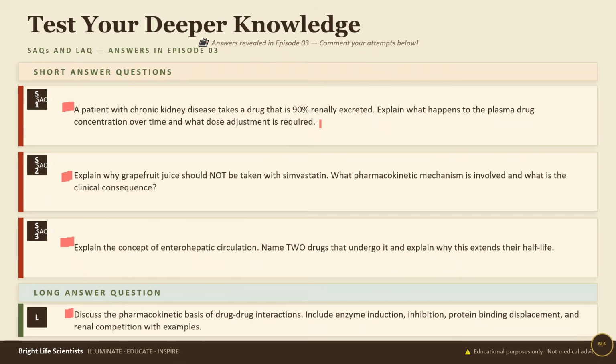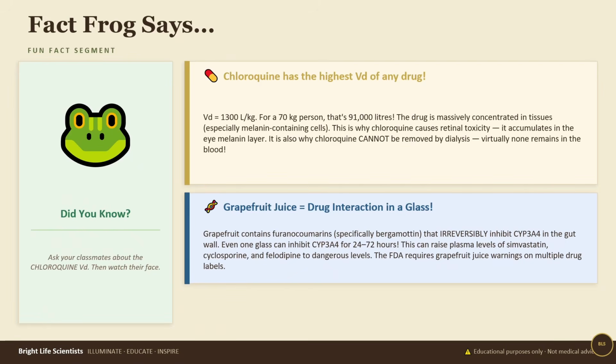Now, fact frog time. These are facts that will make your friend think you're a walking pharmacology encyclopedia. Fun fact 1. Chloroquine has the highest VD of any drug, that is around 1,300 liters per kilogram. For an average person of 70 kgs, that is around 91,000 liters. Where is all that chloroquine?